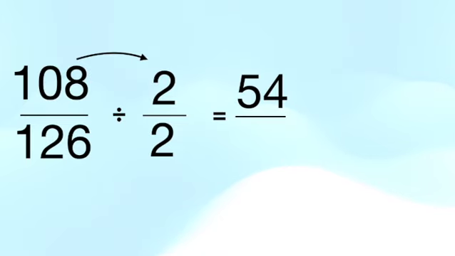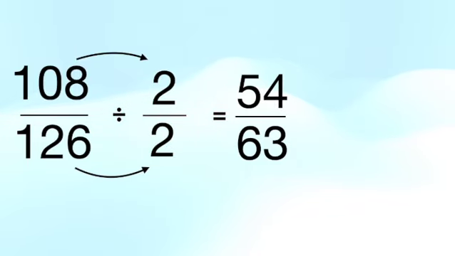You split 108 into 100 and 8. What's 100 divided by 2? 50. What's 8 divided by 2? 4. So 108 divided by 2 is 54. Same thing with 126. Now you have numbers that are both on the multiplication chart which we have studied, 54 and 63.